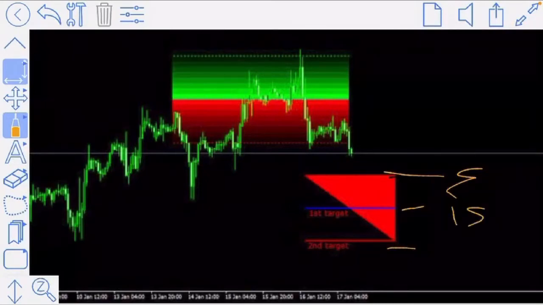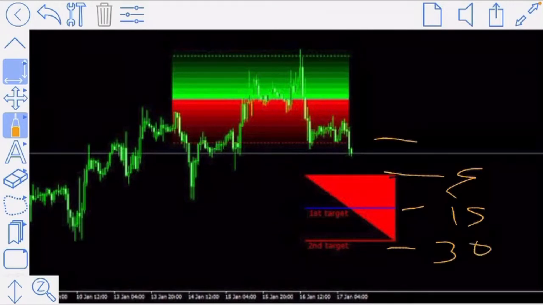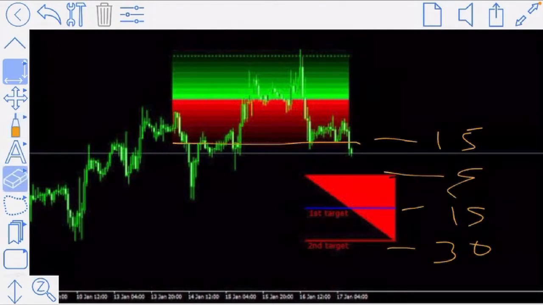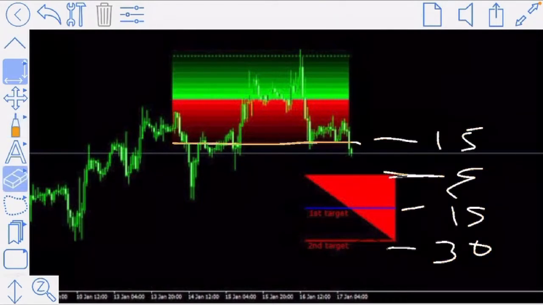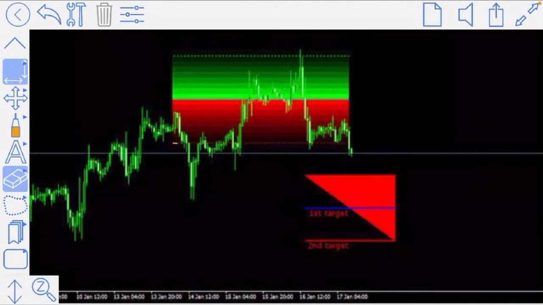The second target is 30 pips when you exit there. Your stop loss is somewhere here. Your stop loss is also 15 pips. So in this line here, when you move your mouse pad within this line, you will see that will be your stop loss, and this is how you will trade it.